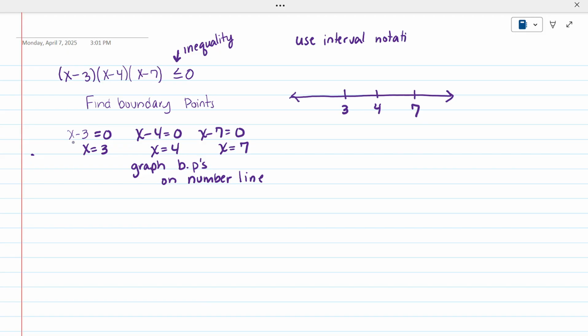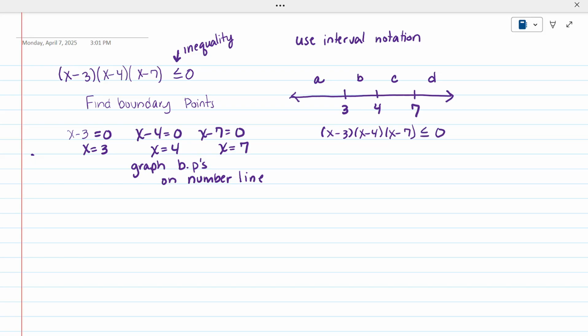So what we're going to see happens is our answer is either in region A, region B, region C, or region D, or some combination of those. So what we're going to do is test each region and see which one contains values that make that inequality true. So let's jot down the inequality right under our number line so we can look at it easily.